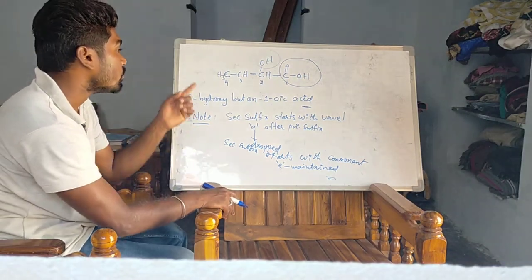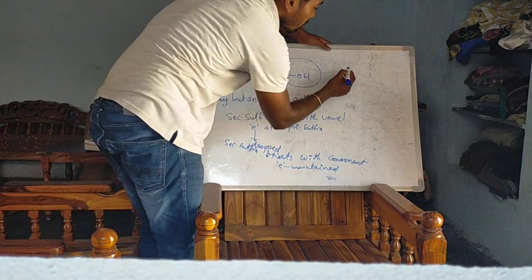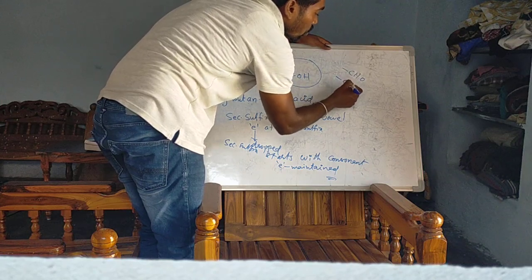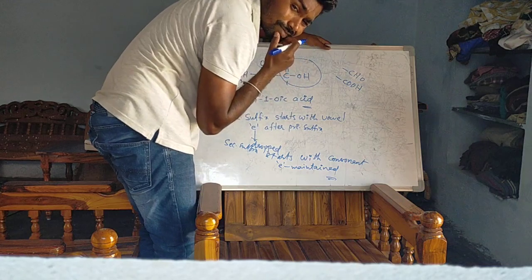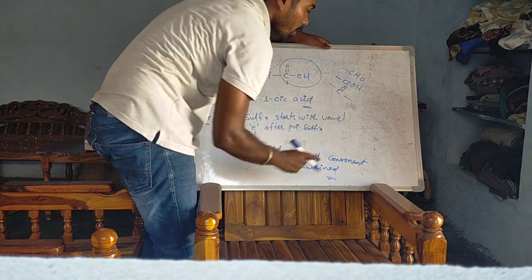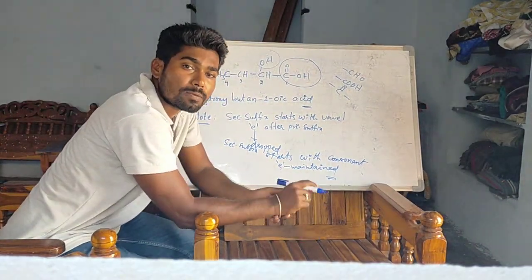And one more thing, when we are counting the numbers, for example, if you see functional groups like CHO, COH, and C double bond O, whatever carbon is present in a functional group belongs to the parent chain.